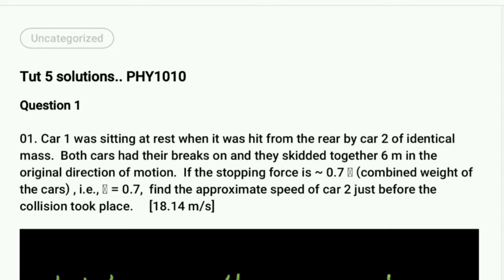The second vehicle hits the first vehicle, which is at rest, and then they skid together for about 6 meters in the original direction of motion. As they are skidding, their brakes are applied, and because their brakes are applied, it means there is some friction there. So we're going to have some work done by friction.